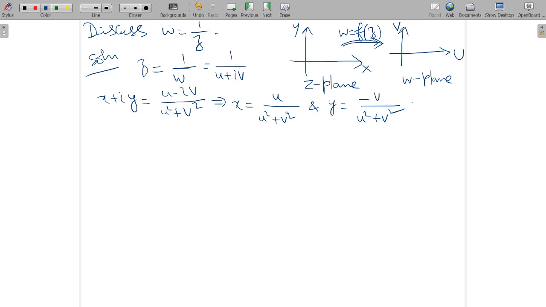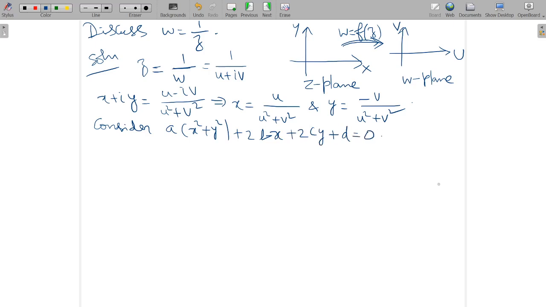Now I have separated it into real and imaginary parts. I have found x in terms of u and v, and I have also calculated y in terms of u and v. So now I consider the curve a into x squared plus y squared plus 2bx plus 2cy plus d is equal to 0.